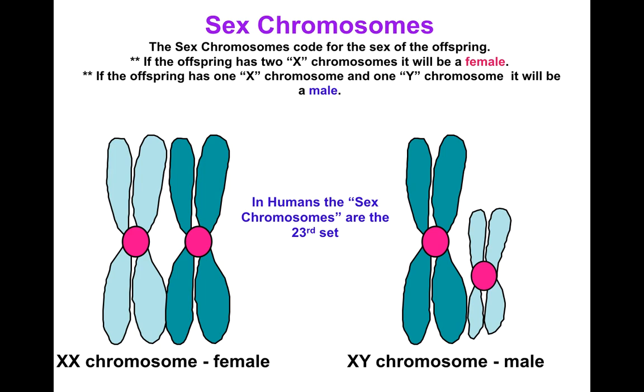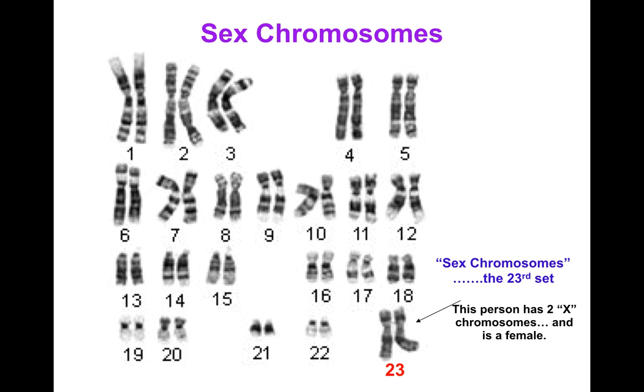And again, the sex chromosome is number 23. So this person has 2 X's because they're both the same size. So this is a female.